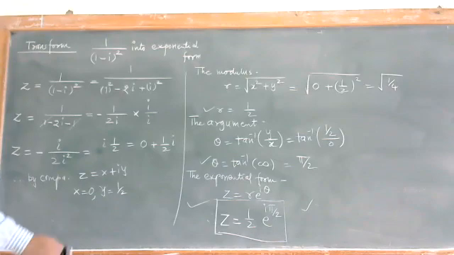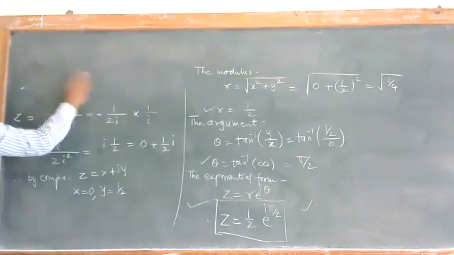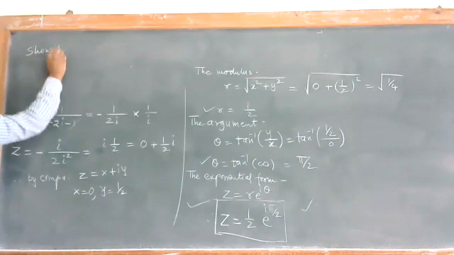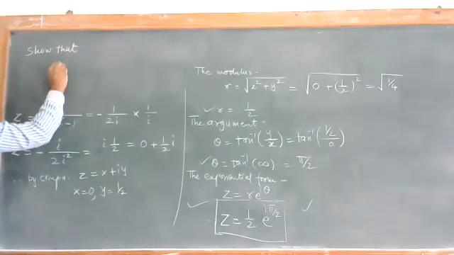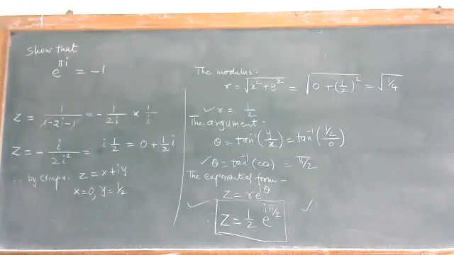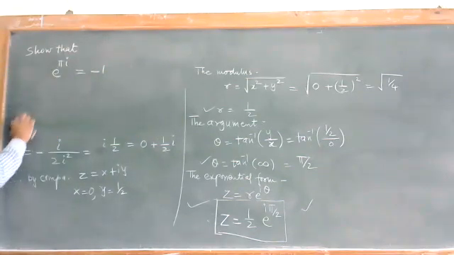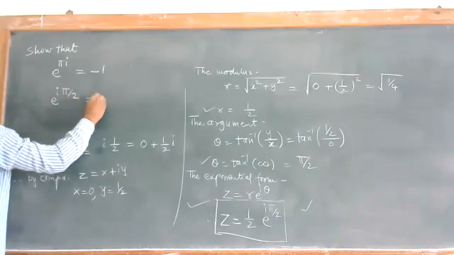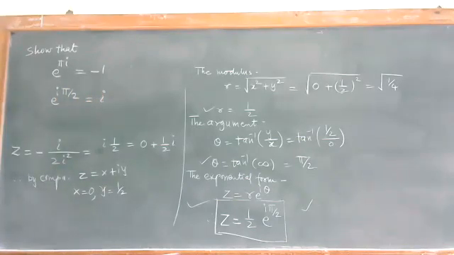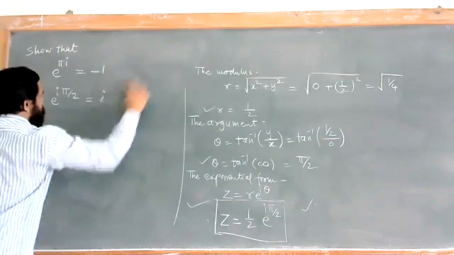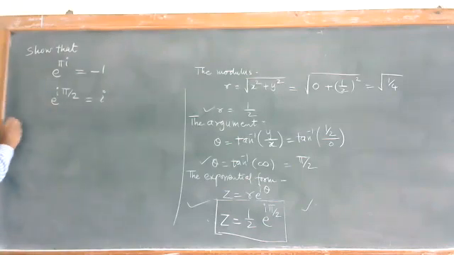The conditions are: show that e raised to pi I is equal to -1, and e raised to I times pi by 2 is equal to I. You just check this whether you can solve it or not. If you can remember the conditions, you can easily solve this.